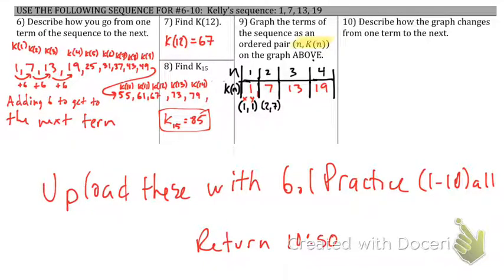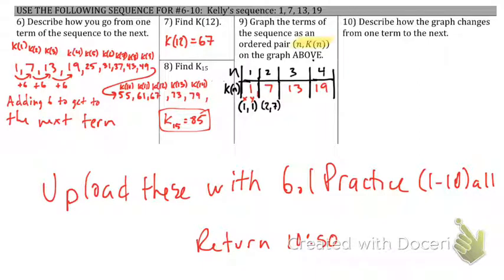If you look, these are the number N's. So if I plug in 1 for N, my output for this function would be 1. If I plug in 2 for N, my output would be 7. If I plug in 3 for N, my output would be 13.